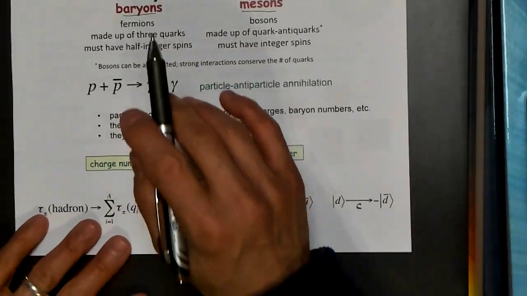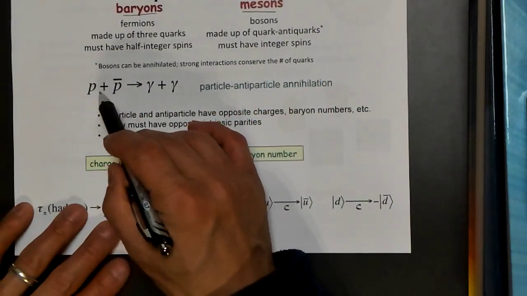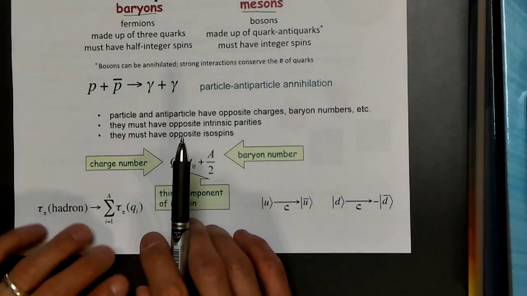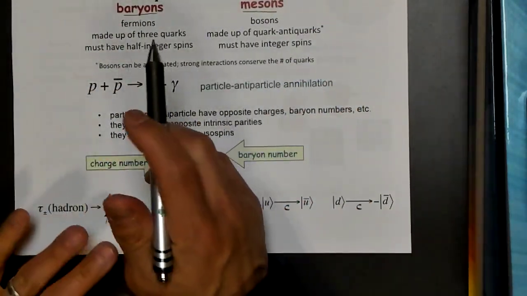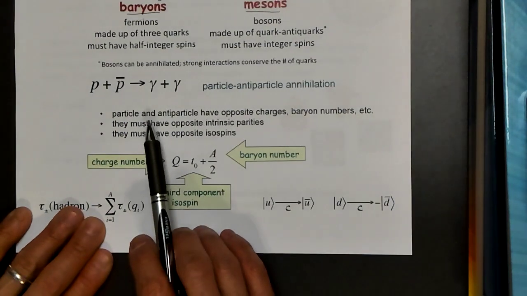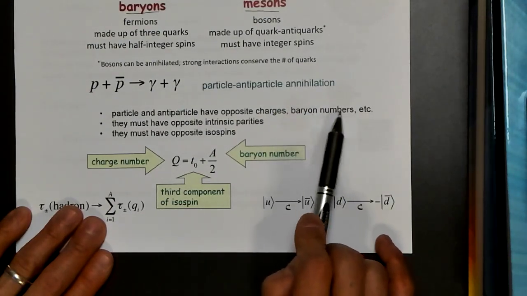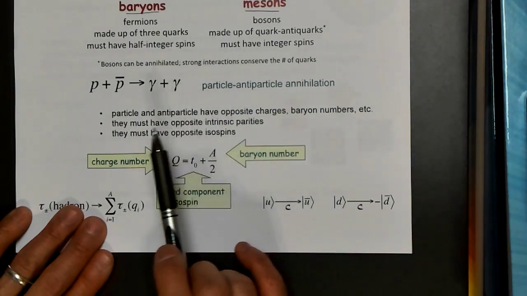All right, so we can consider all possible interactions. For example, proton with antiproton can produce 2 photons. That's how you can produce a zoo of particles by banging together particles, for example, proton and antiproton, and see what you get out. The particles and antiparticles have opposite charges, opposite baryon numbers, etc. They have everything opposite except for the fact that the masses are the same.